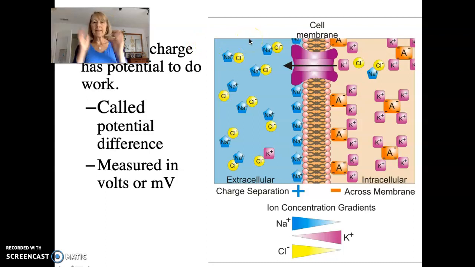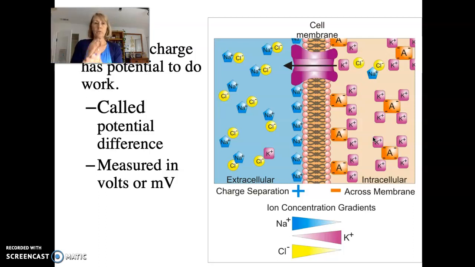So let's think of it like this. This is a picture for you again, and here's a membrane, right? And there's something happening on the outside of the cell, extracellular, and there's something happening inside the cell, and it's quite different. There's a separated charge, right? And that is going to be potential to do work. It's like a dam, right?